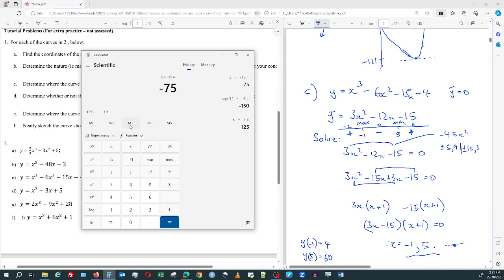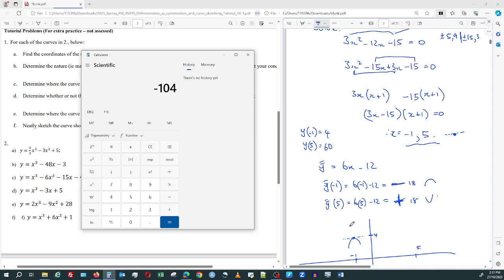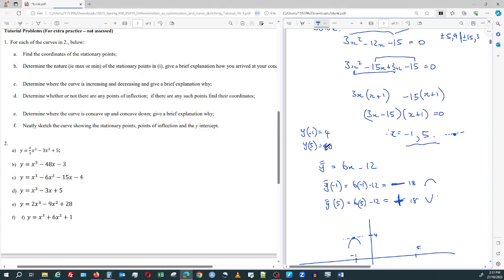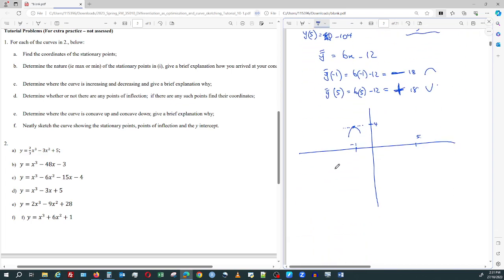Add that to the memory again. And 4 minus. Let's clear that. So 4 minus, and add that to the memory. Minus 104. I was way out. Was I kidding? Minus 104. I was way out. Unbelievable.